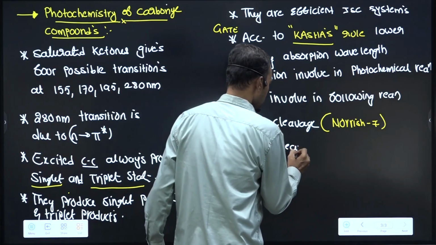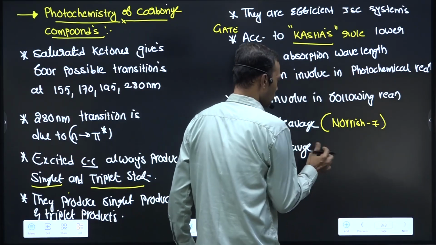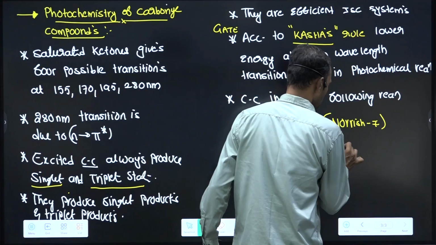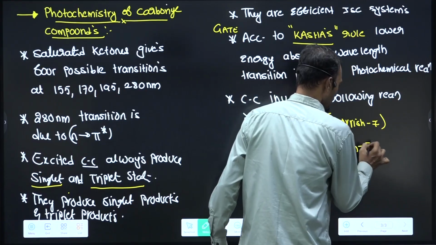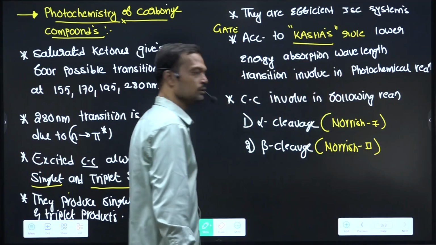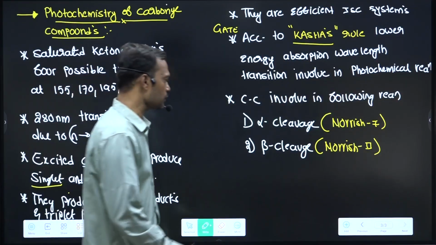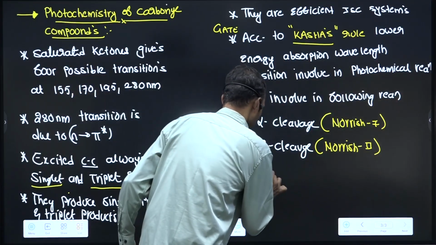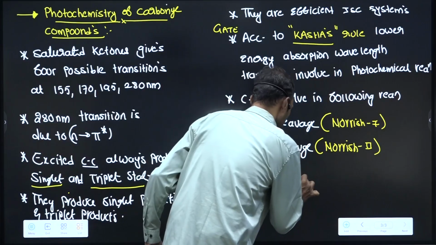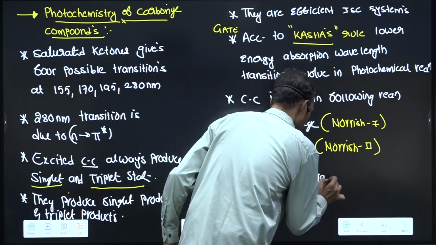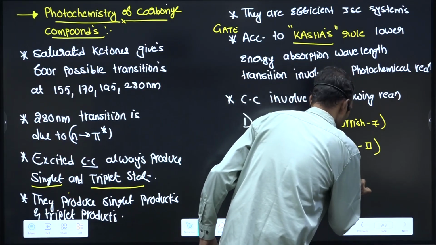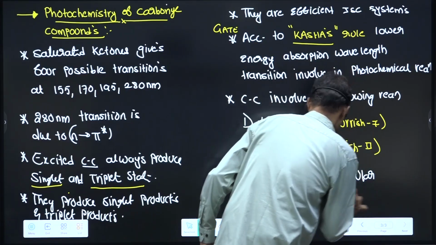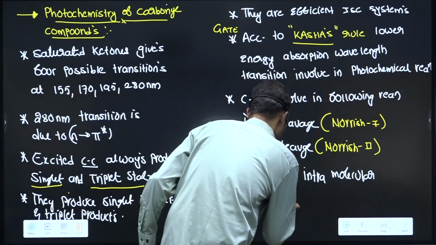Then beta cleavage, this is called Norrish 2. Alpha cleavage, Norrish 1; beta cleavage, Norrish 2. Then inter and intramolecular hydrogen abstraction.